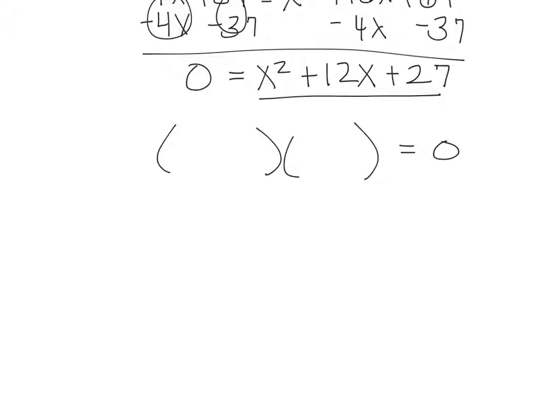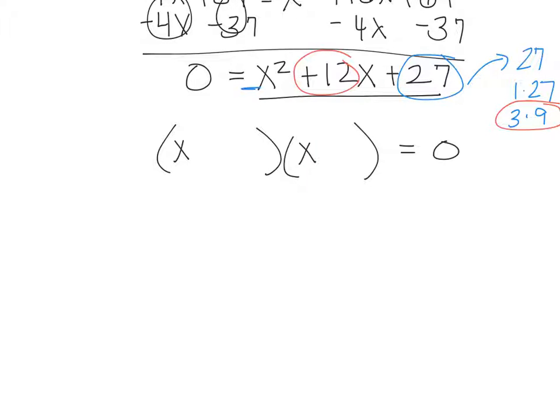Since there isn't a coefficient in front of my x squared term, I know that the first position in each parenthesis is x. Next, we can look at our last term, which is a positive 27, and list the factors of 27. We have 1 times 27 and 3 times 9. Now we want to choose a pair of factors that when added together give me a positive 12. So that means I'm going to choose the 3 and the 9 because 3 plus 9 is 12.